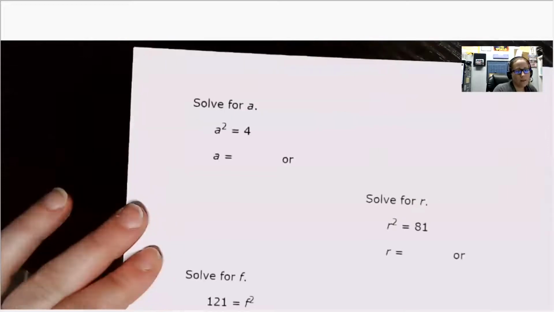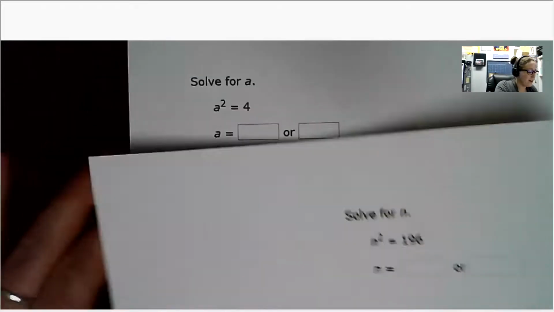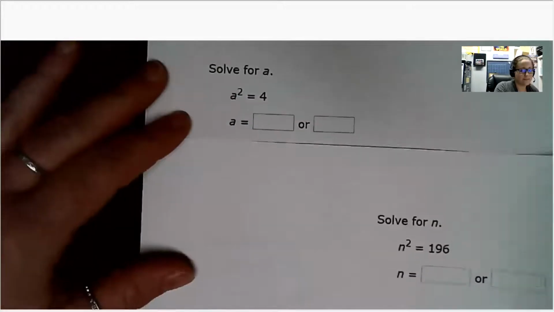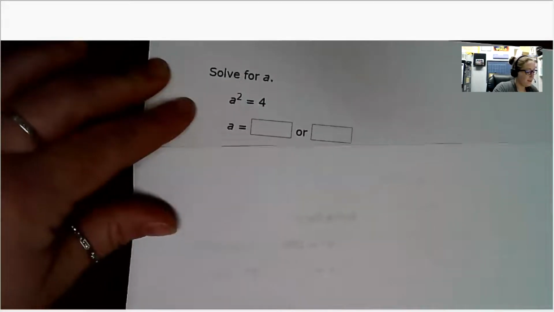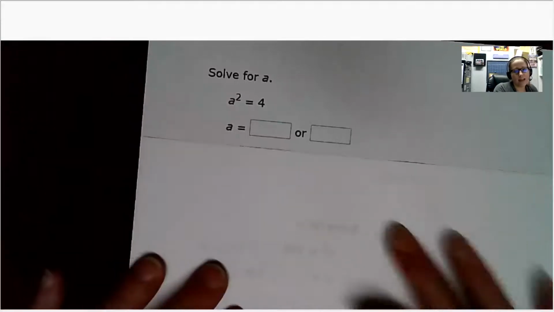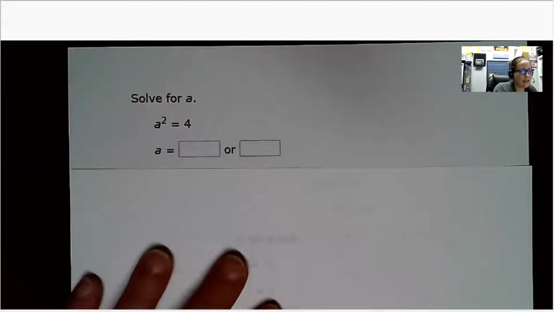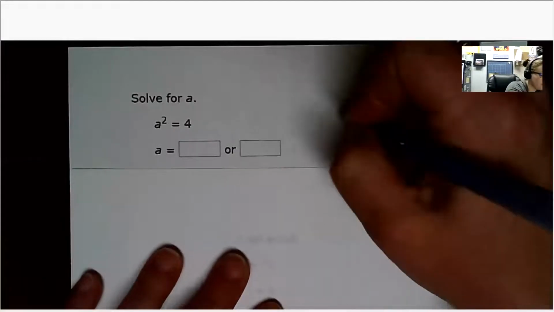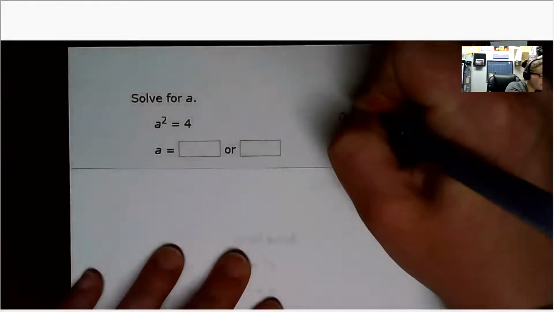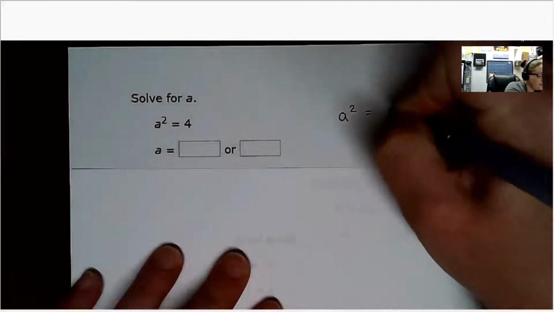So when we're solving this first equation, and I'll hide the rest of it so we're not looking at the other ones, we want to solve for a. We have a squared is equal to 4. I'm just going to rewrite this and leave myself some space to the side.